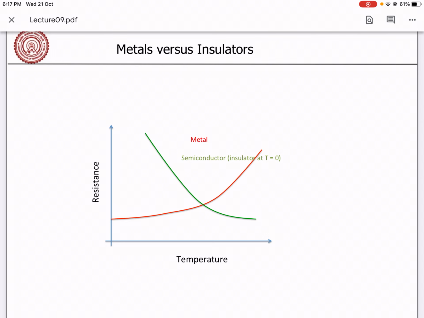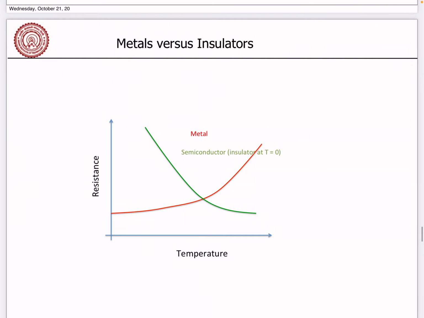Whereas you have other materials where the resistance keeps on increasing when you cool down the sample, right? So depending on these two properties, we call one a metal and another an insulator at absolute zero temperature. This can also be a semiconductor at room temperature.